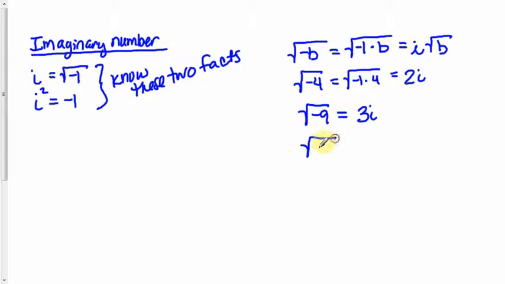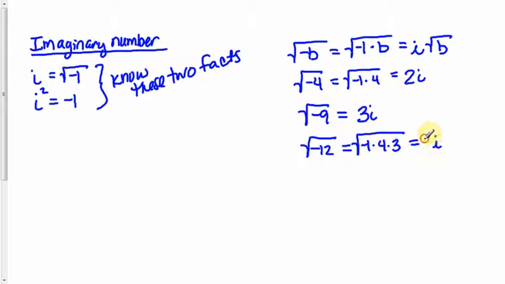What if it's not a perfect square number? What if it's the square root of -12? Then we break it down. Always pull the negative off first. And you break 12 down just like you learned to a few sections ago. What's a perfect square factor of 12? 4. So -1 times 4 times 3. The square root of -1 is i.